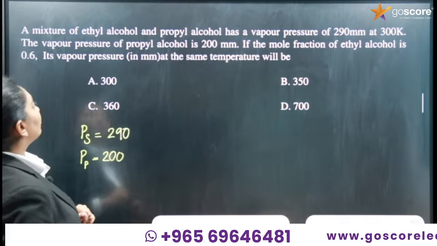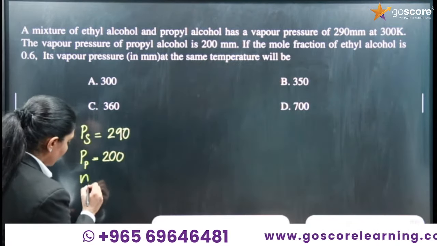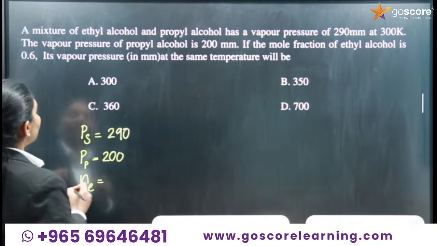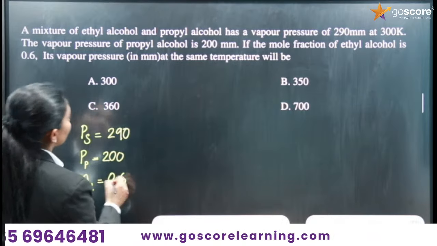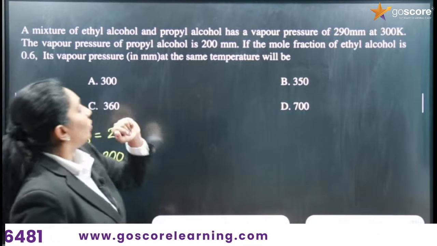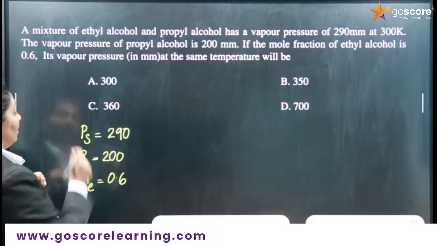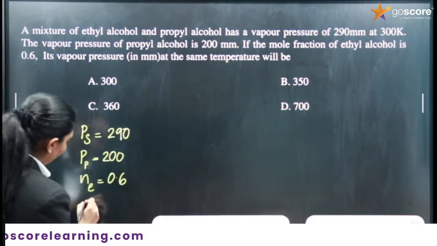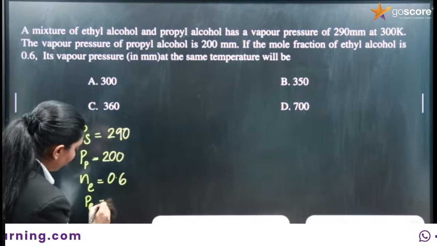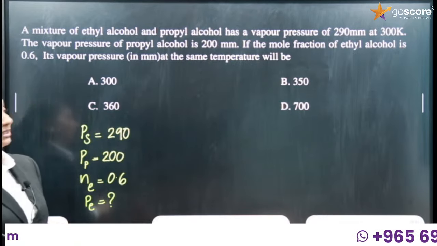If the mole fraction of ethyl alcohol is 0.6, we want to find out the vapor pressure at the same temperature. We want to find out the vapor pressure of ethyl alcohol.